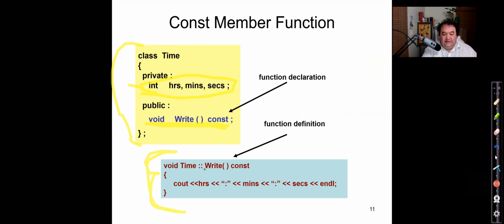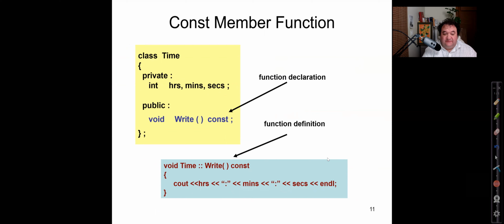So we have the type, scope, write, no parameters, const function. Then we can do a print statement, cout hours, colon, minutes, colon, seconds, newline, and that's it. If by mistake you do minutes equals minutes plus one, the compiler will give you an error.